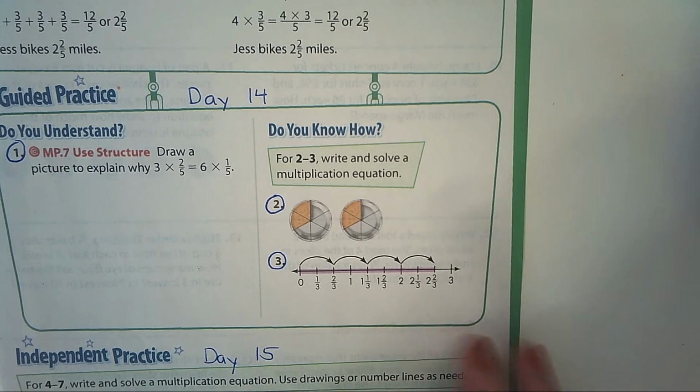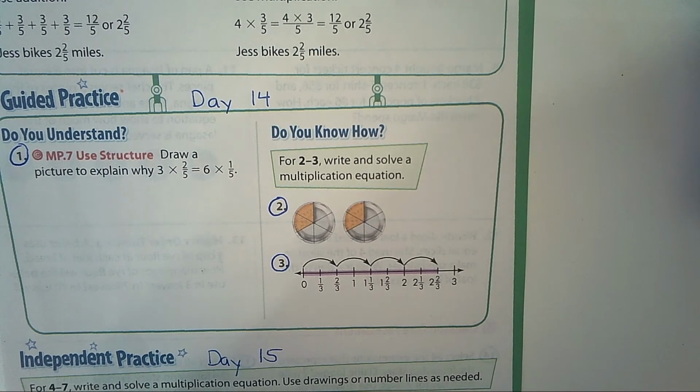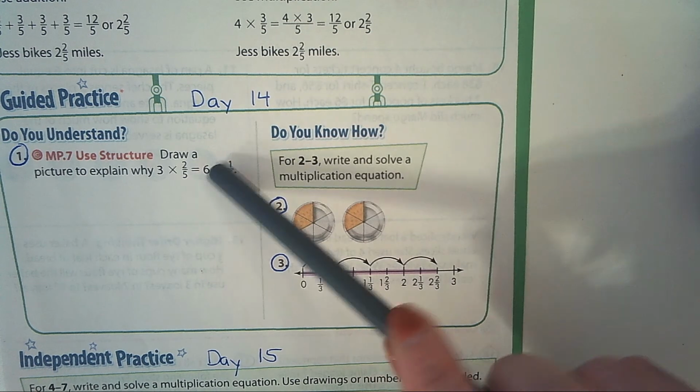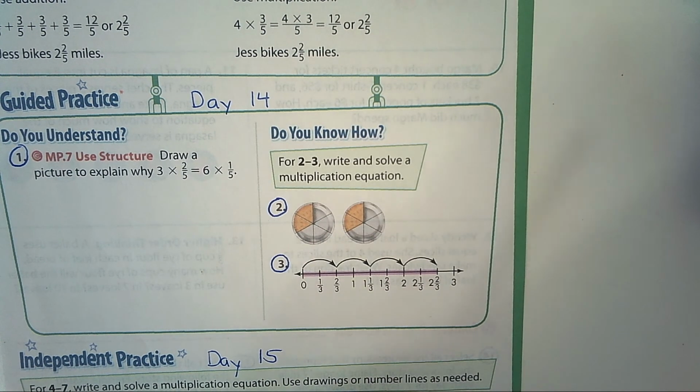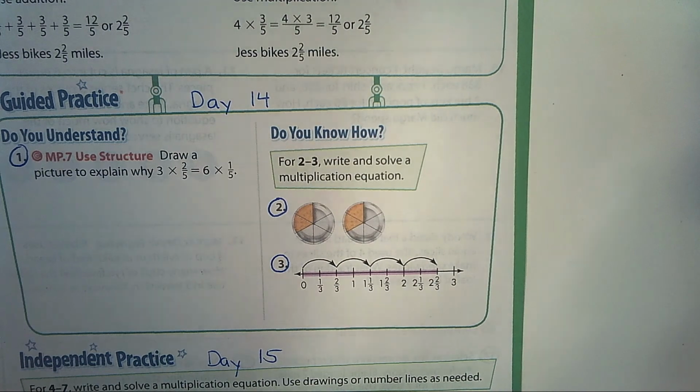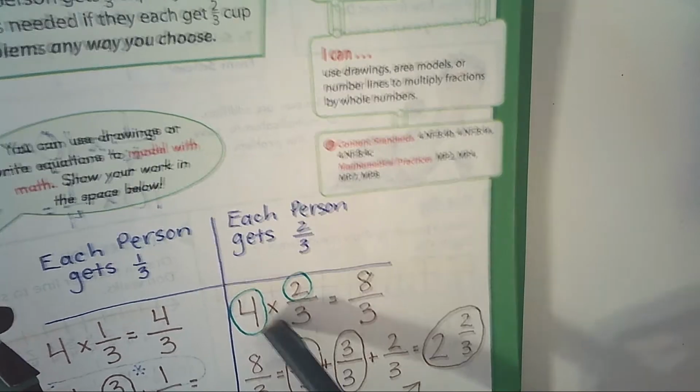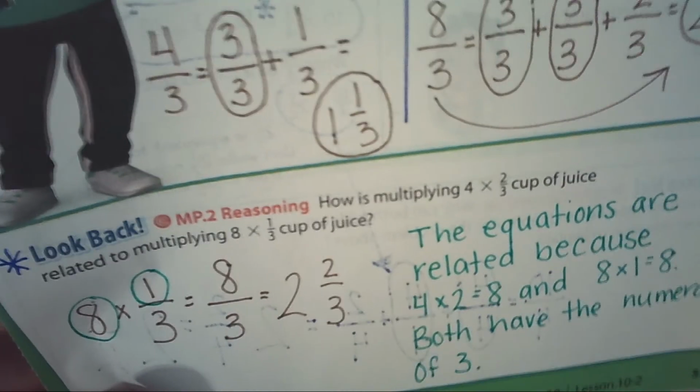All right, draw a picture to explain why 3 times 2/5 equals 6 times 1/5. This is just like the look back where we compared 4 times 2 equals 8 and 8 times 1 equals 8.